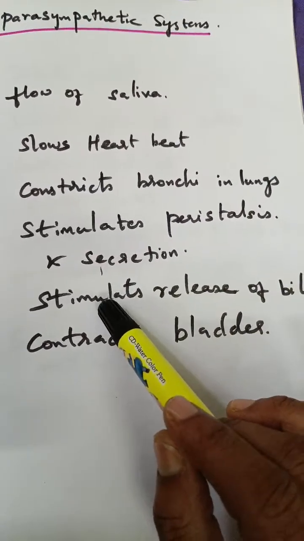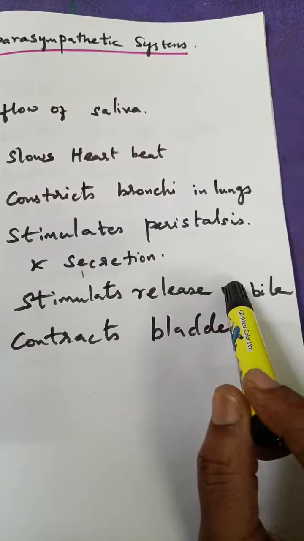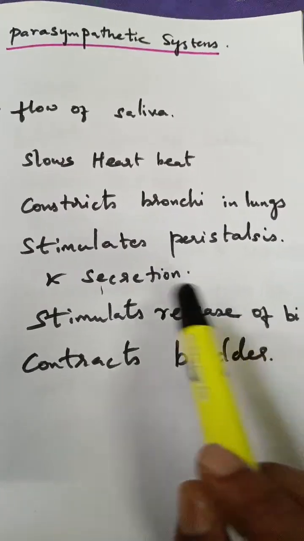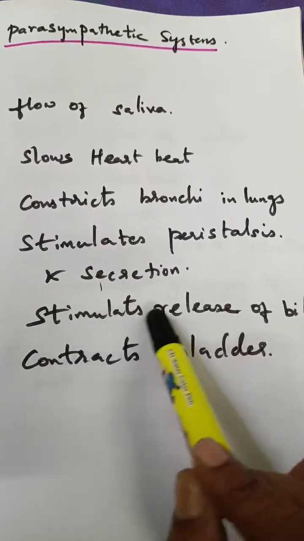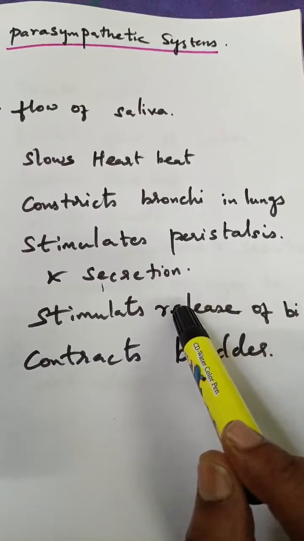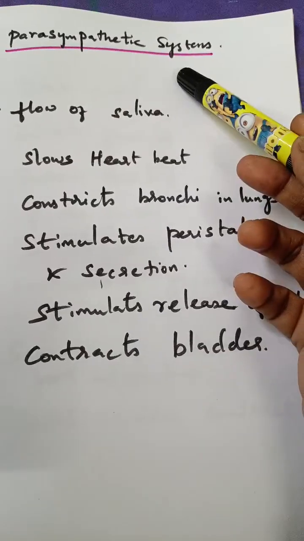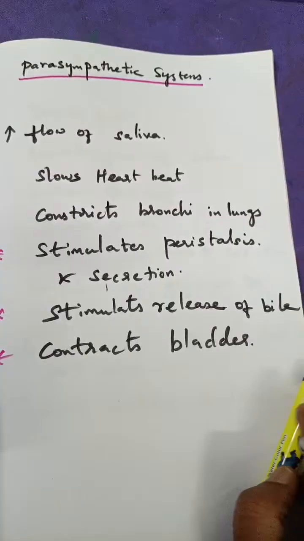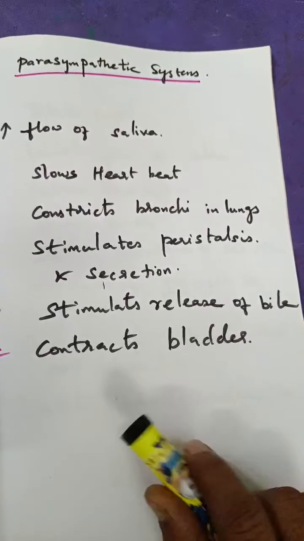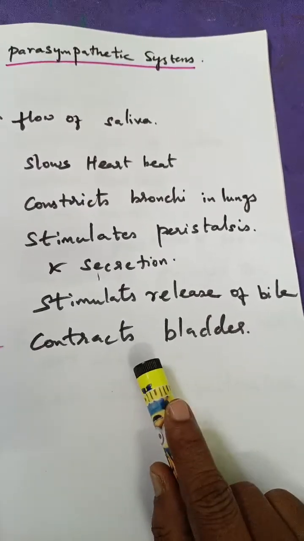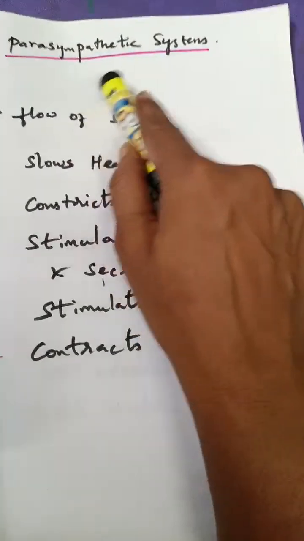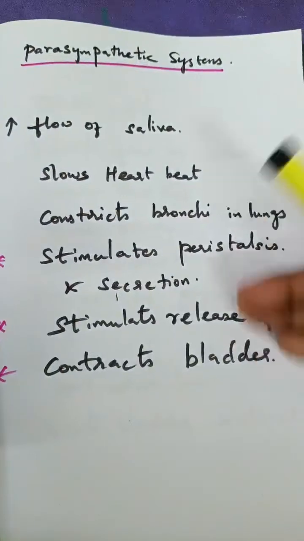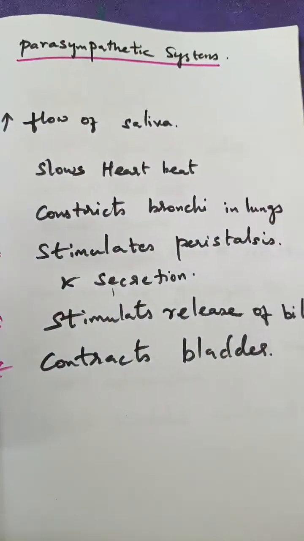And the parasympathetic stimulates the release of bile from the liver, while the sympathetic is the opposite. Your urinary bladder contracts with the help of the parasympathetic system only. All these functions are opposite to the sympathetic nervous system.